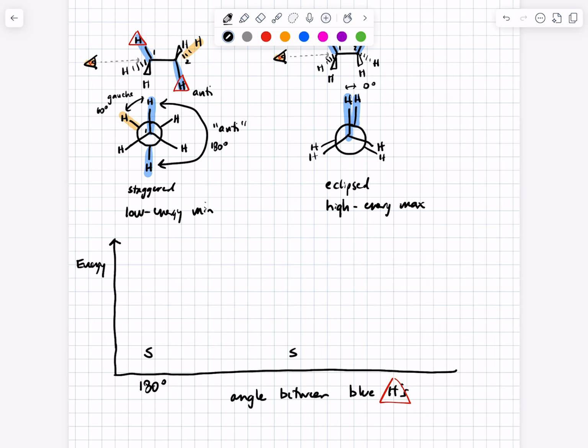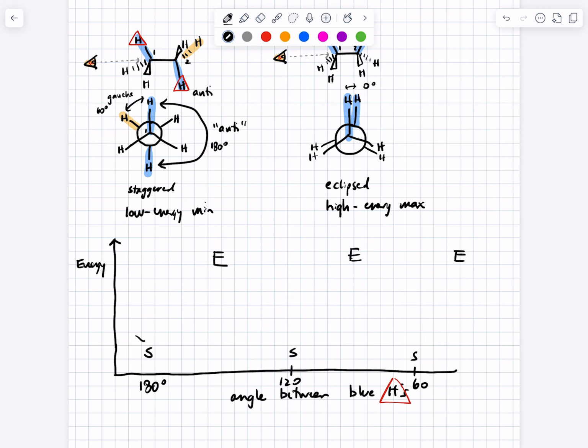There's a staggered conformation where the angle is 60, and there's 120, and then there's a staggered conformation where the angle is 60. And then in between those, there are eclipsed conformations.